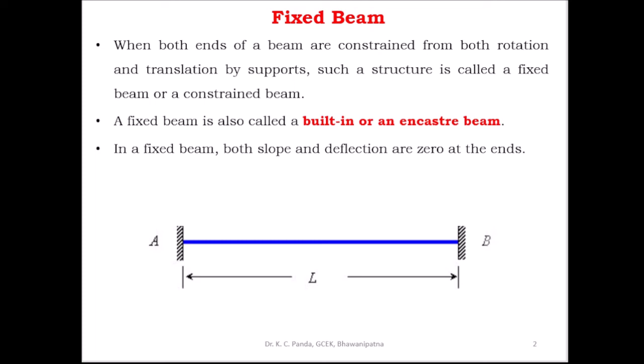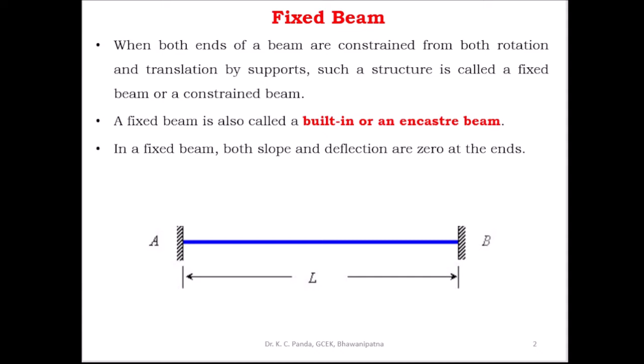First, coming to what is fixed beam. When both ends of a beam are constrained from both rotation and translation by supports, such a structure is called a fixed beam or a constrained beam.